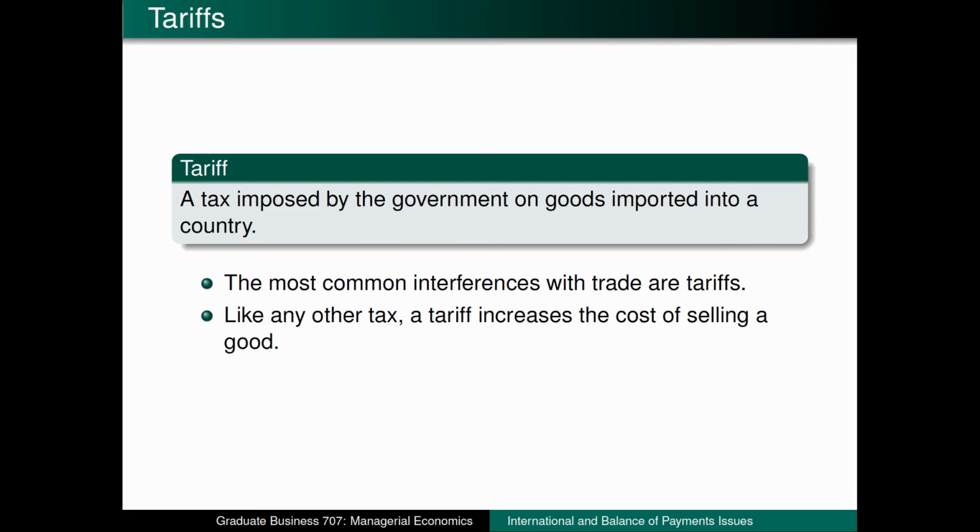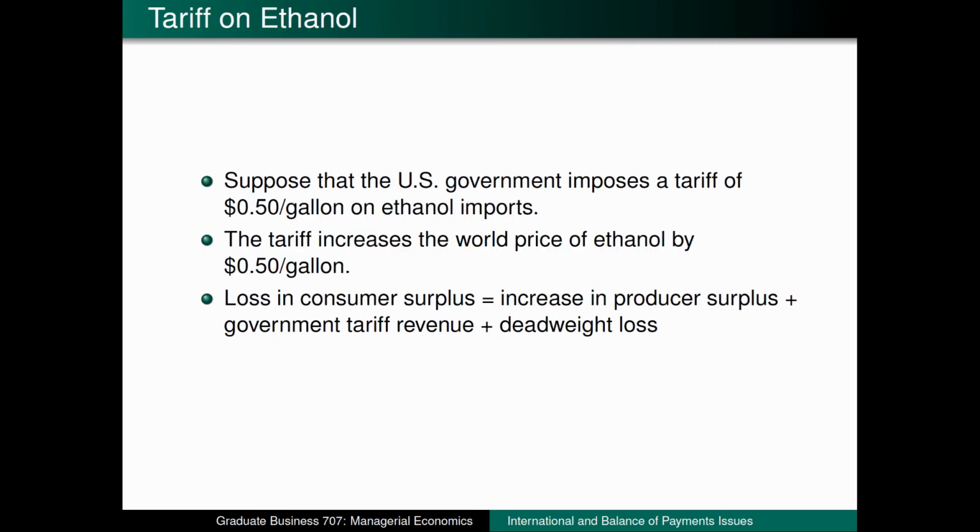Just like how taxes on cigarettes or alcohol raise the prices for these products, a tariff on ethanol, or possibly steel or aluminum, will raise the price for these products. The 50-cent tariff will effectively increase the world price by 50 cents, so the market price for ethanol would be $1.50 instead of $1.